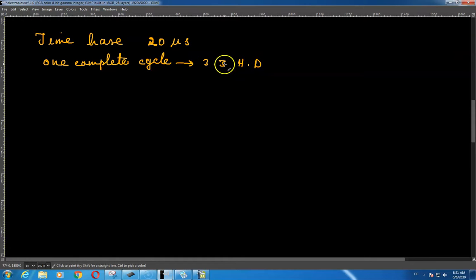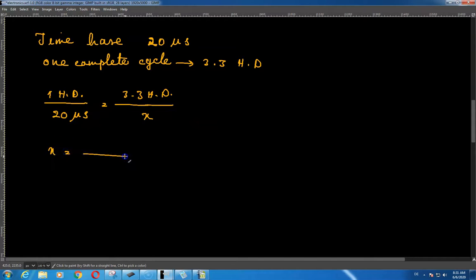So that means that if one horizontal distance corresponds to 20 microseconds, then 3.3 horizontal distances would correspond to how many seconds.